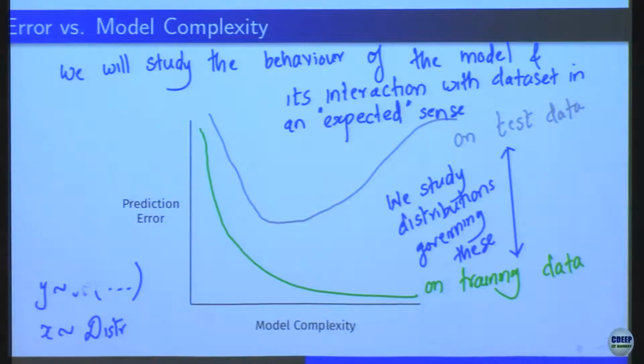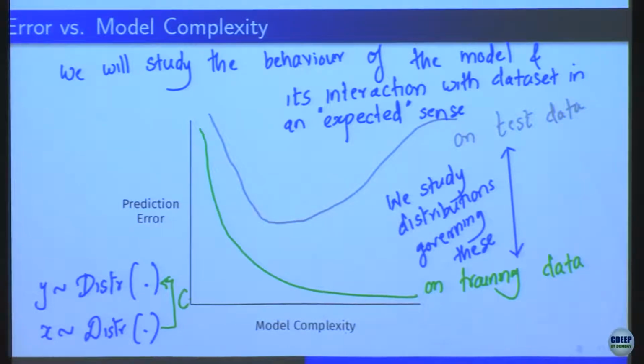So there is some distribution on y, there is a distribution on x, and the generation of x influences the generation of the y's. The model on y also factors in the error component. There is an error also, right?